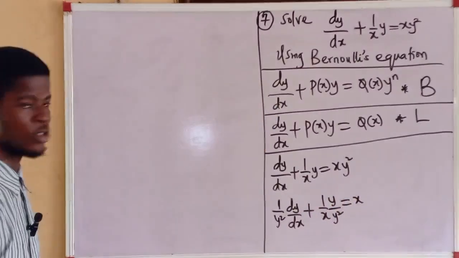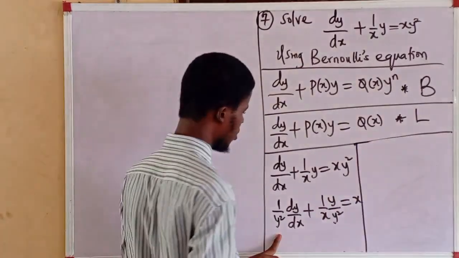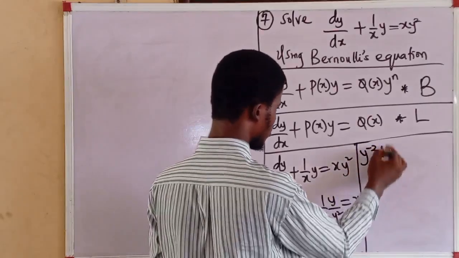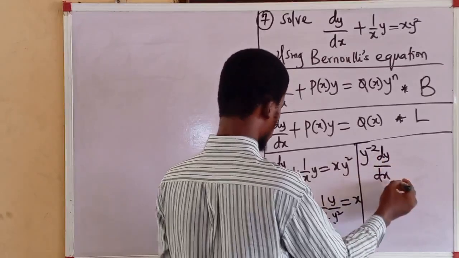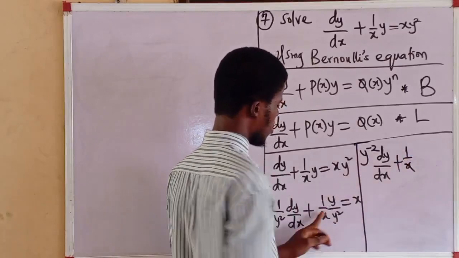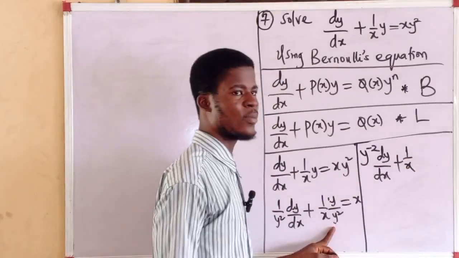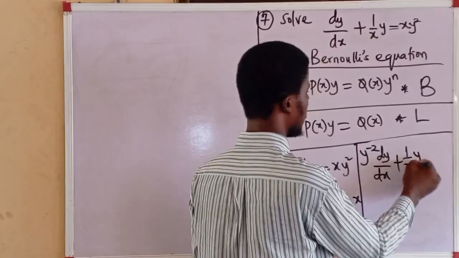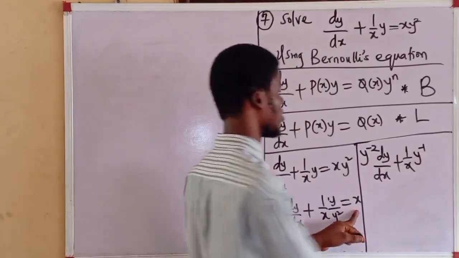I've divided both sides by y squared. So from here we have y to the power of minus 2 dy dx plus 1 over x. y divided by y squared is y to the power of minus 1, which is 1 over y. So y to the power of minus 1 equal to x.